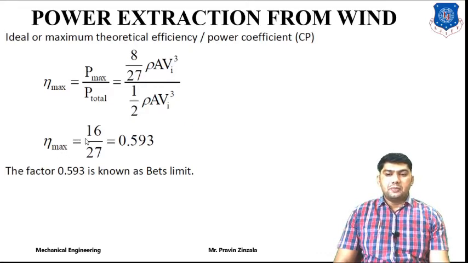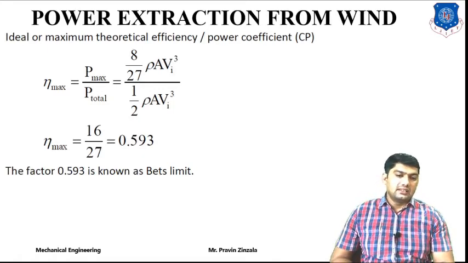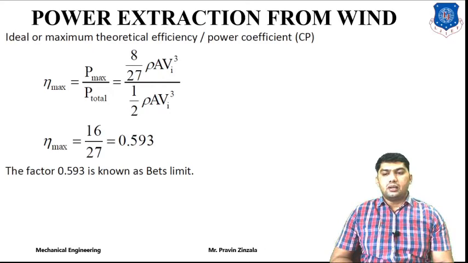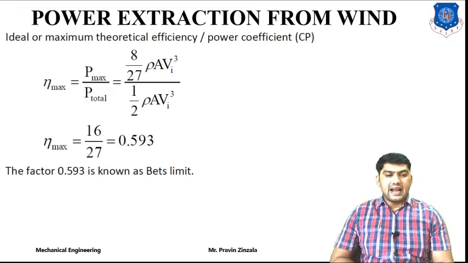So the maximum efficiency is equal to 16 by 27, because rho A V cube and rho A V cube will cancel. So the final power coefficient is equal to 0.593, which is called Betz's limit. Its efficiency is near 59.3%. So this is the maximum efficiency of a wind turbine. It is called Betz's limit.